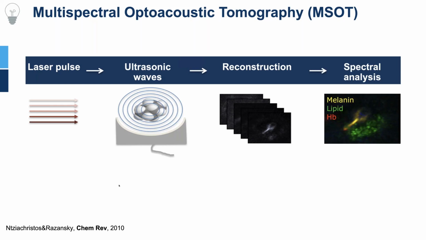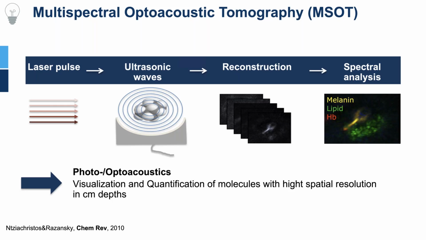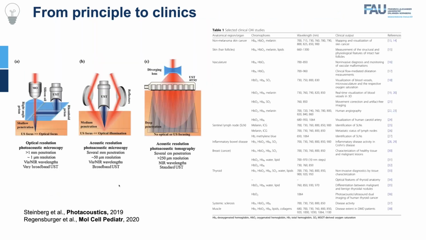And if you use different wavelengths, you can also do a spectral analysis and derive different components in the tissue. This does not only work on the surface; it potentially also works with high spatial resolution at depths of centimeters. And I would say this is really clinically relevant depth compared to other optical imaging methodologies. So optoacoustic imaging is not a homogeneous technical background.